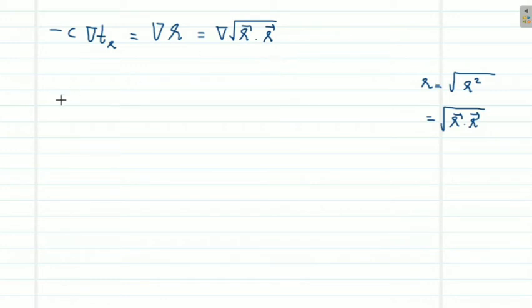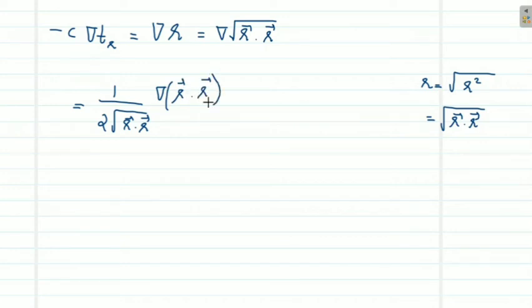Now what is del of a function? Just like the derivative of root x, we can write 1 by 2 root r bar dot r bar into del of r bar dot r bar. Just like the expression for d by dx of root of f of x equal to 1 by 2 root f of x into f dash of x, we can take del of root of r bar dot r bar to be equal to 1 by 2 root r bar dot r bar into del of r bar dot r bar. Now we have seen in the last class the expansion for del of the scalar product of two vectors.